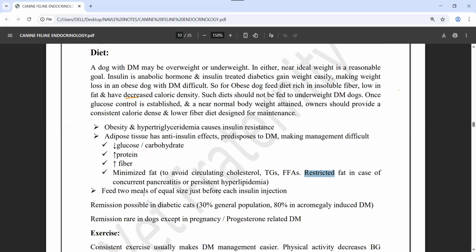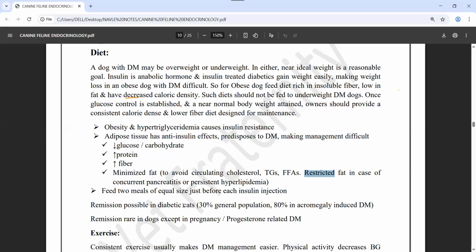You have to feed 2 meals of equal size just before each insulin injection. Intermediate insulins are normally given twice a day. So first give food and then give the insulin injection, because if you have given the insulin and the animal is not in the mood of eating food, then it will go into hypoglycemia.